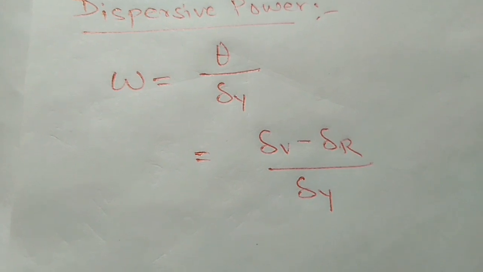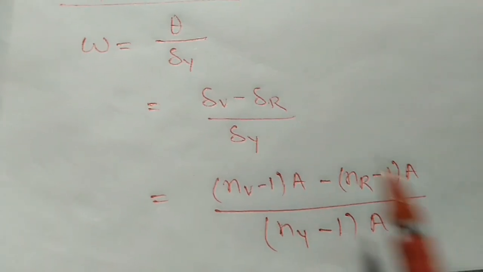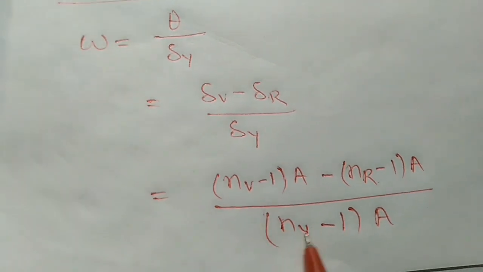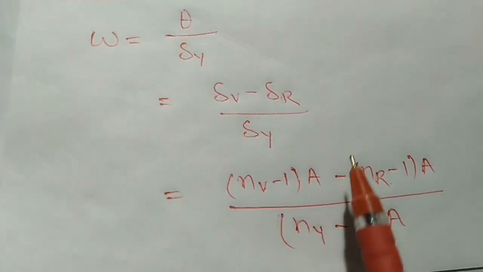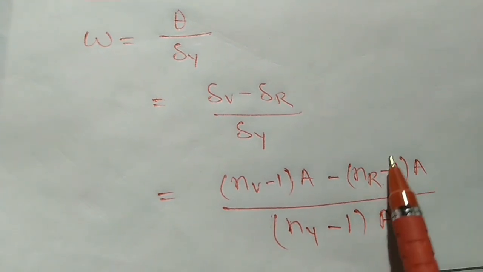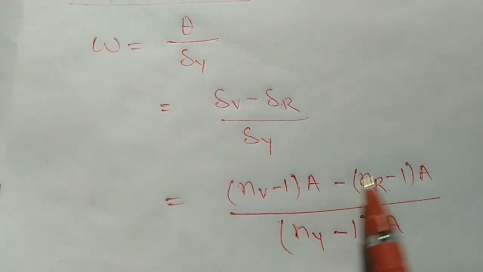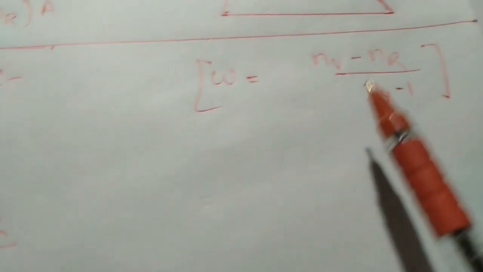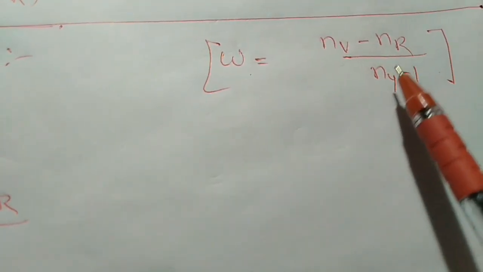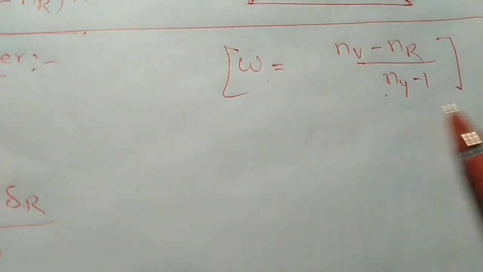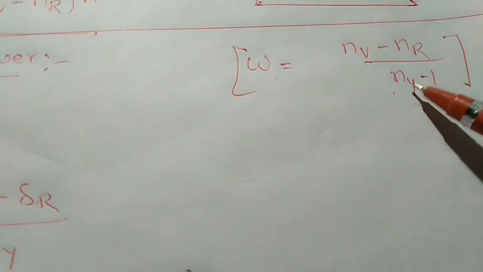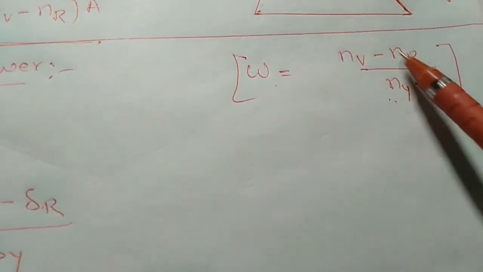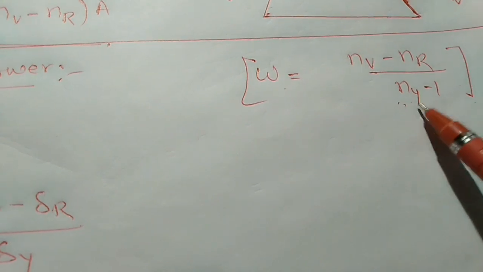Further, this can be written like this: del V as nV minus 1, del R as nR minus 1, and del y as ny minus 1, multiplied with A. So A will be cancelled from all, and the minus 1 terms cancel. So what remains? We got omega is equal to nV minus nR upon ny minus 1. This is the dispersive power. This is for the mean color with violet and red. If two different colors are there, whatever the mean color is will be used here also.